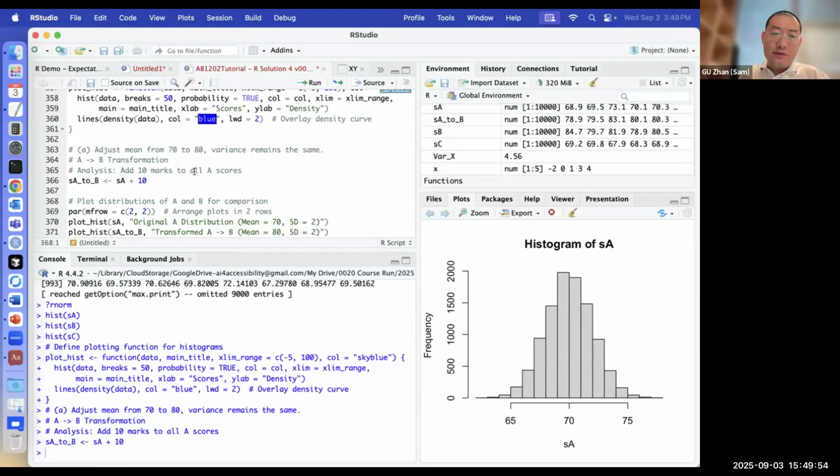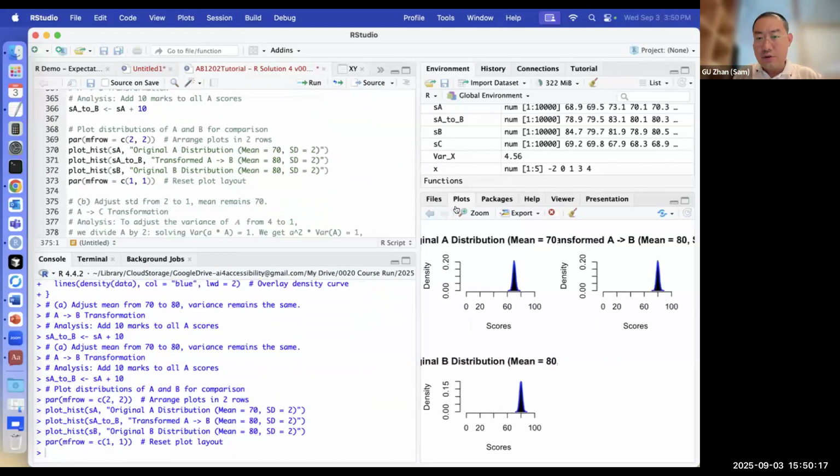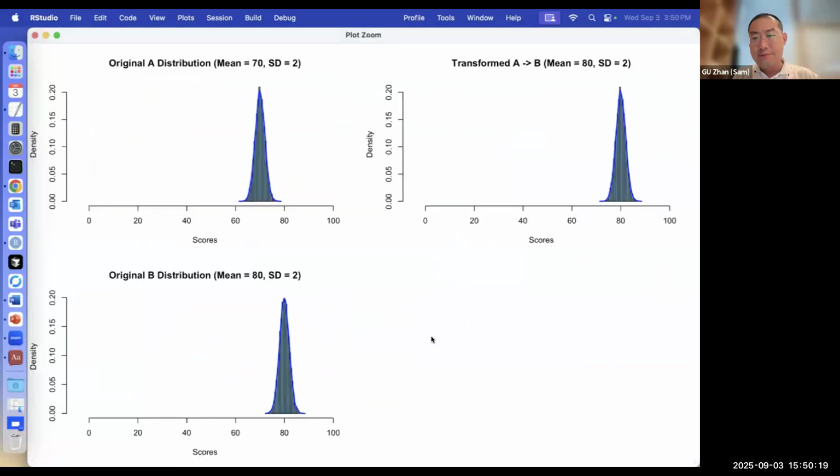In order to adjust the mean from 70 to 80, the variance remains unchanged. You just add 10 marks to class A, so that everyone in class A gets a 10 marks bonus. So the average of class A will be the same as class B of 80 marks. Let's just visualize it. So this is the first question.